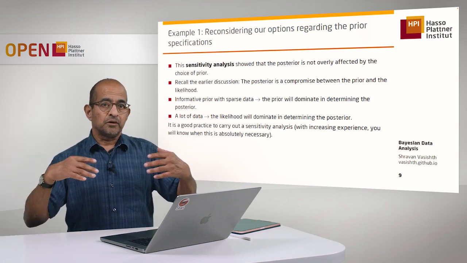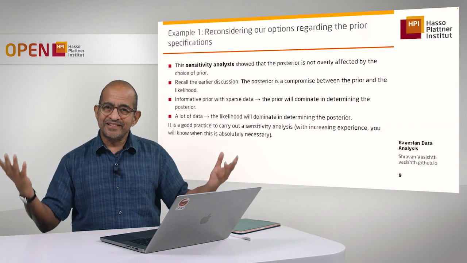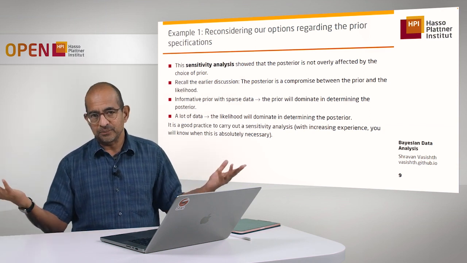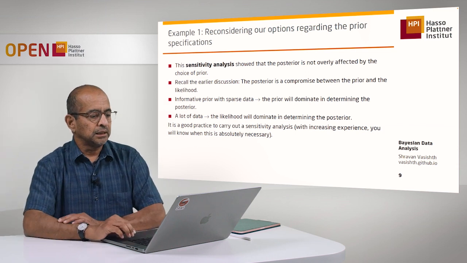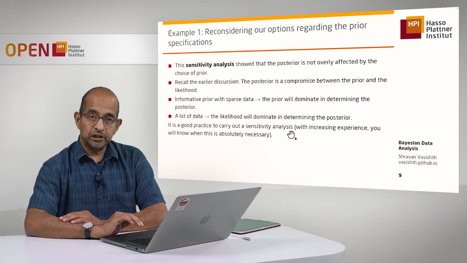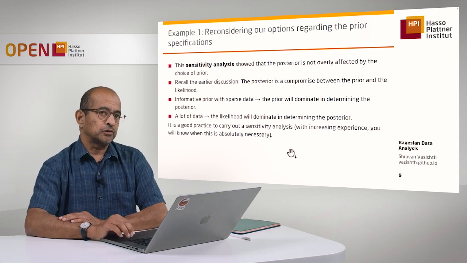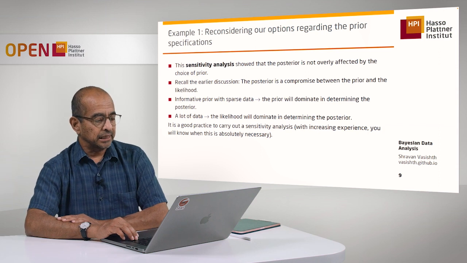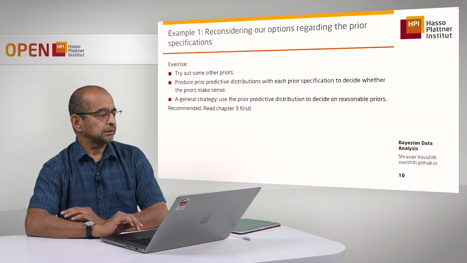So often, with lots of experience, you won't even need to do a sensitivity analysis because you know what's going to happen. The posterior won't be affected much. However, in general, when you're working on a new problem, you should think about a sensitivity analysis to understand what's happening in the light of prior specifications.